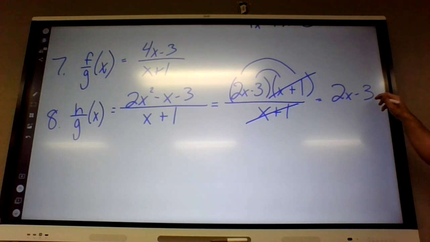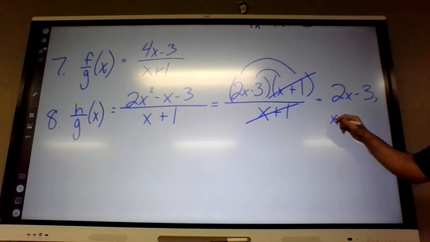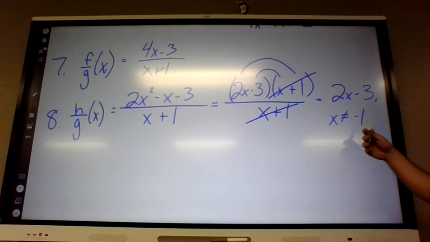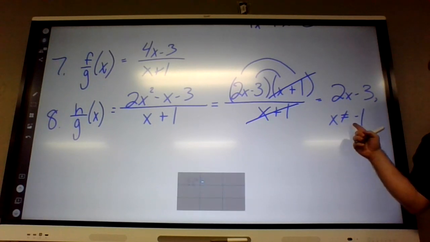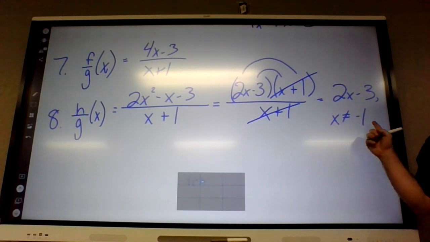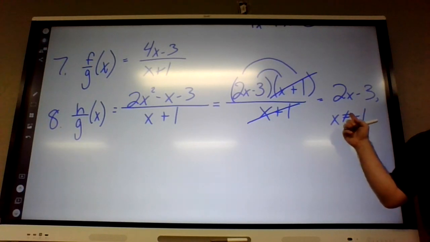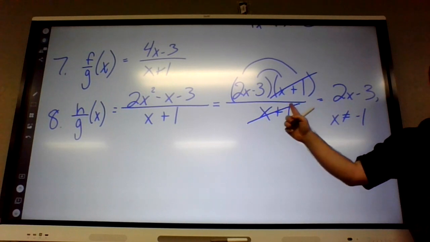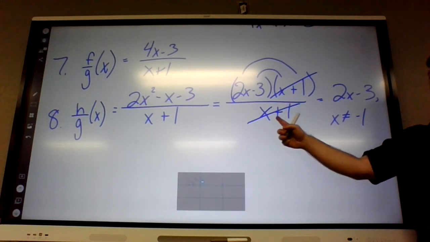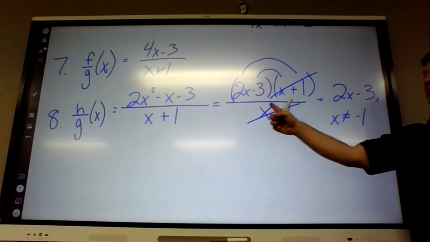The book wrote something else though. Why can x not equal negative 1? Because if it was, then the denominator over here would be 0.